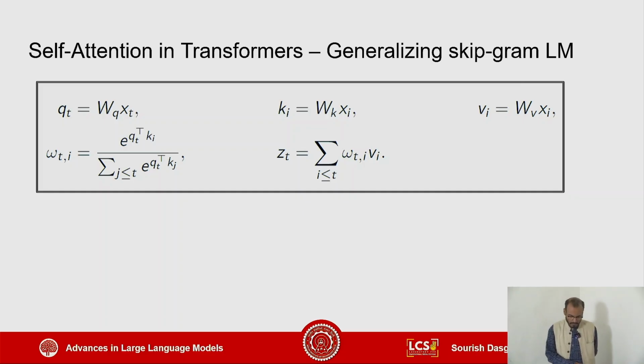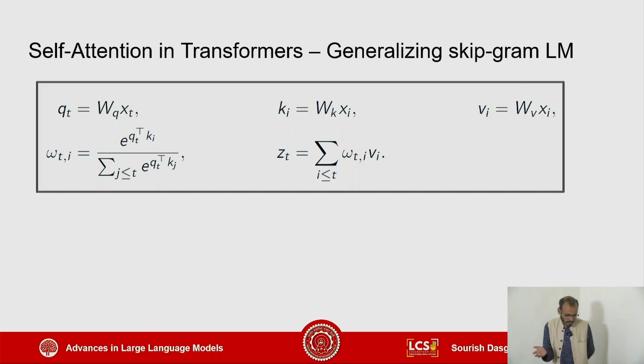And one way of looking at it is that now when you try to figure out the final ZT, which is the contextual embedding, all that you're doing is you're trying to take a certain percentage of the neighboring VIs and adding them up, including its own VI, where that percentage is omega Ti, where omega is basically that softmax that you do.